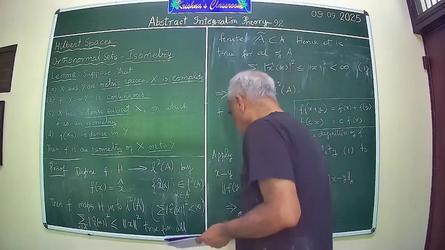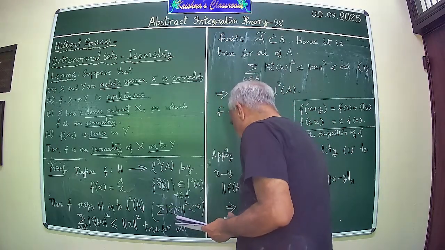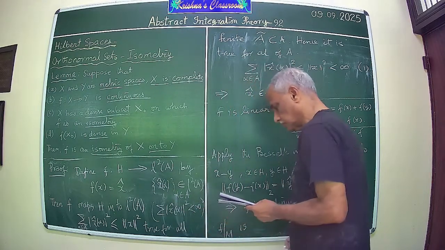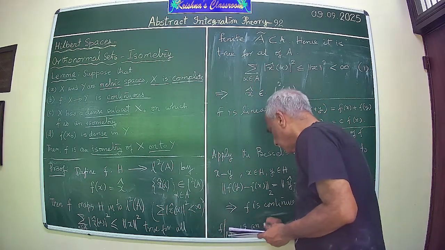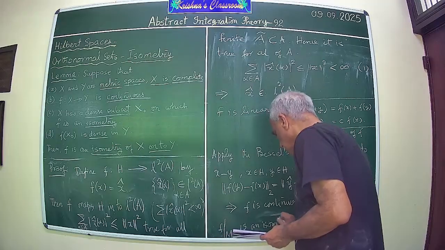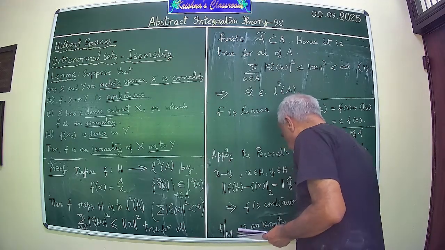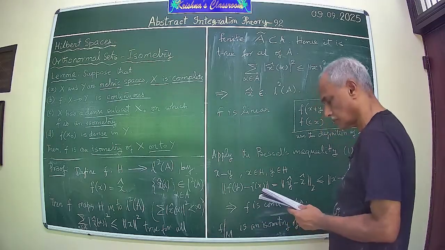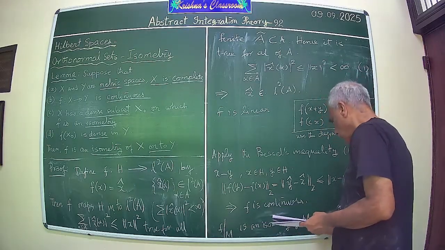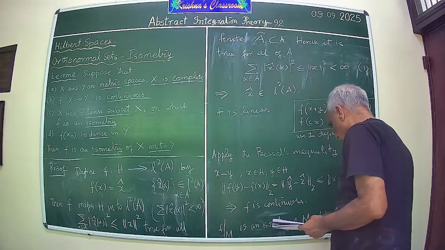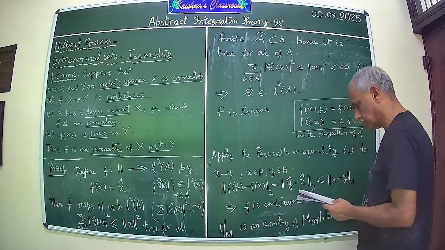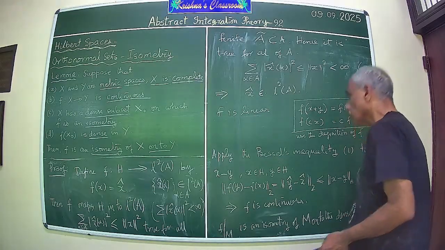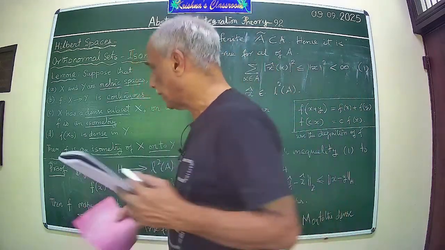Now clearly F restricted to M is an isometry of a dense subspace.